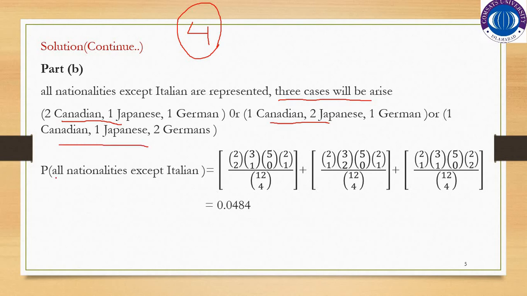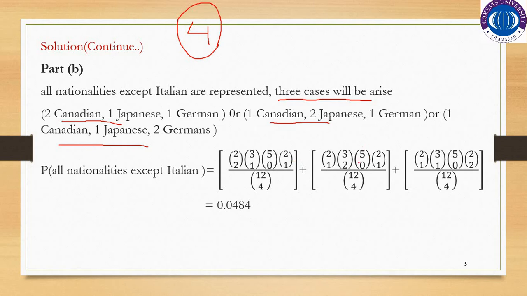So the probability that all nationalities except Italian would be represented will be, this is the case that 2 Canadians are selected and 1 Japanese. 5C0 means you are not selecting any member from Italian people.